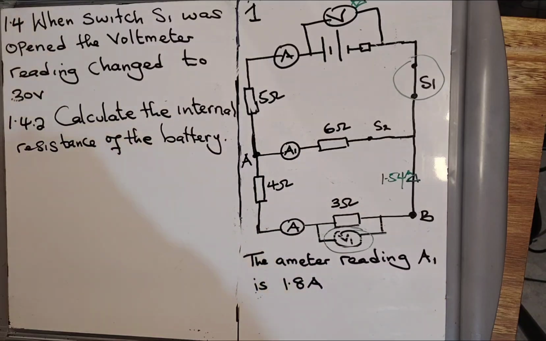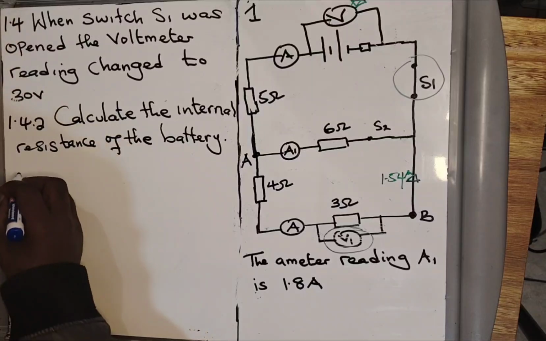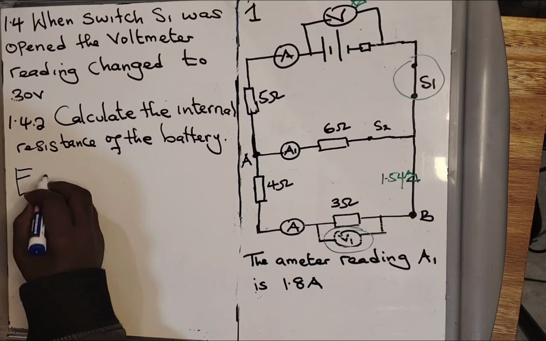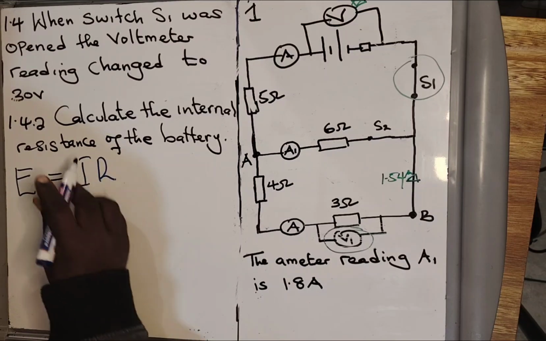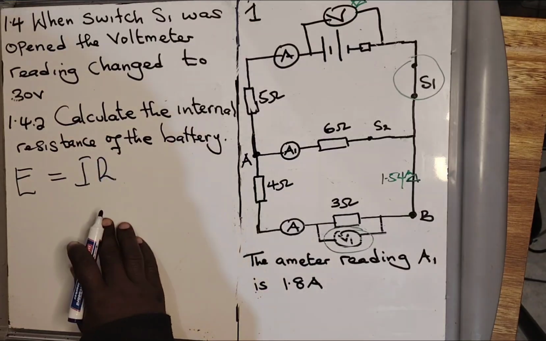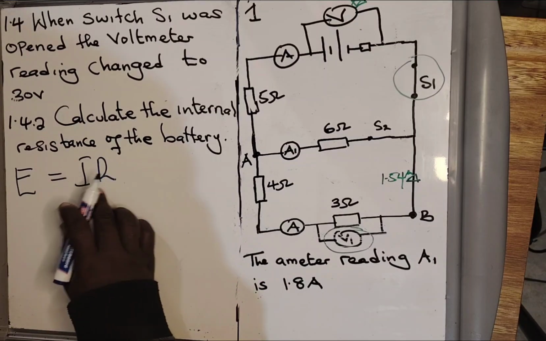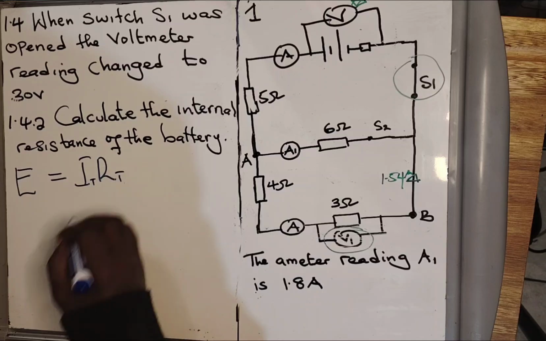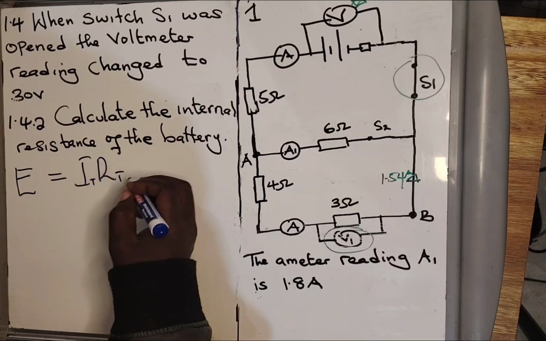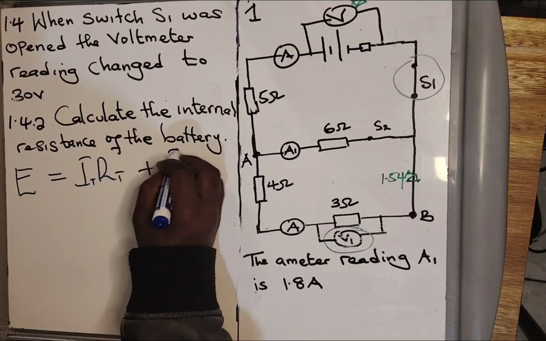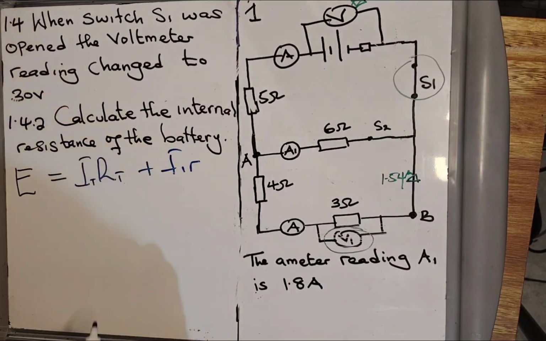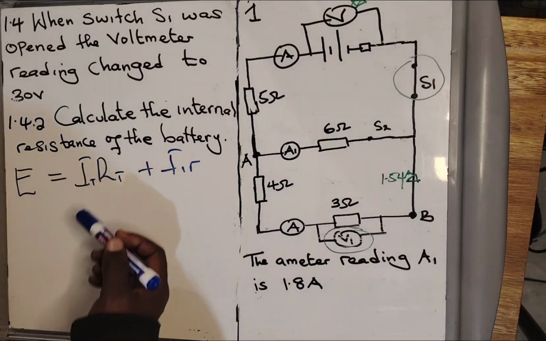For this case, we borrow the general equation, which says that EMF is equal to the terminal voltage, VT, which is total current times total external resistance plus total current times internal resistance. We are supposed to make use of this.